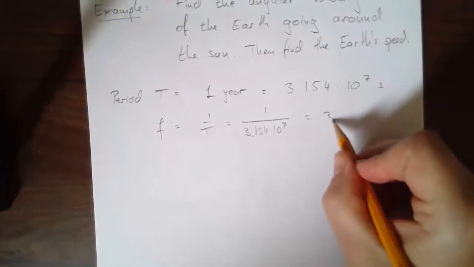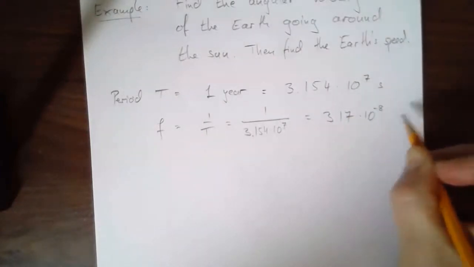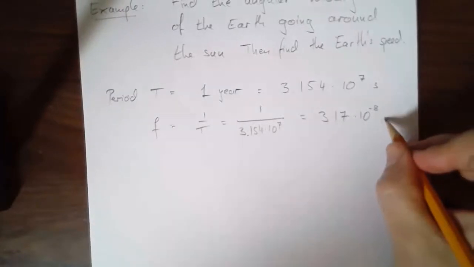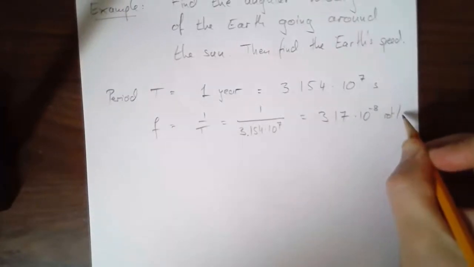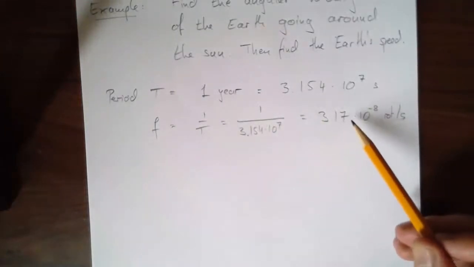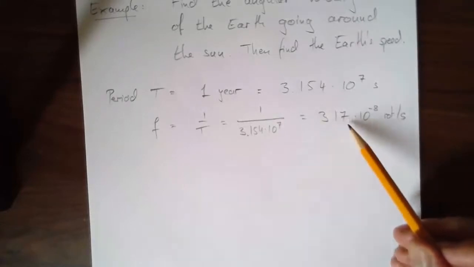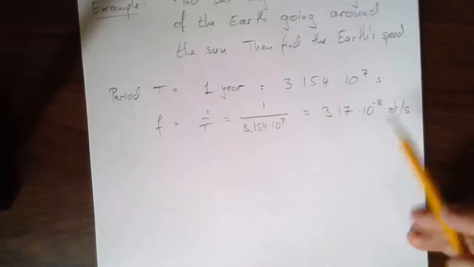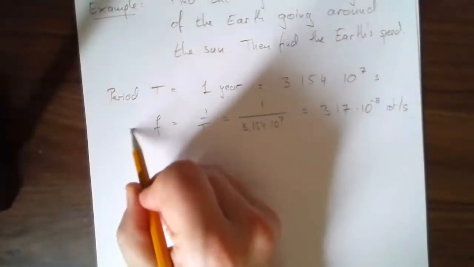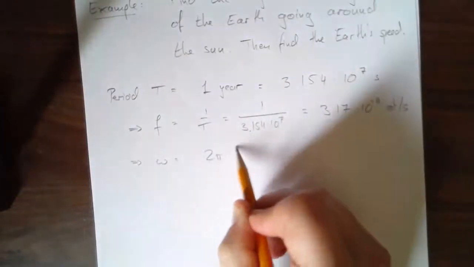It comes to about 3.17 times 10 to the minus 8 rotations per second. So it's a very tiny part of a rotation: 0.000000317 rotations per second.